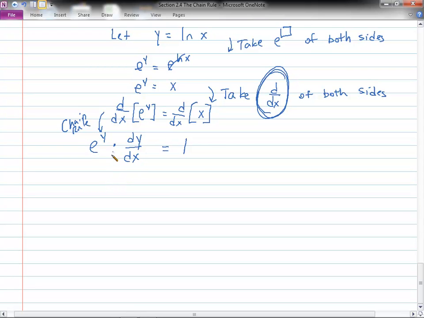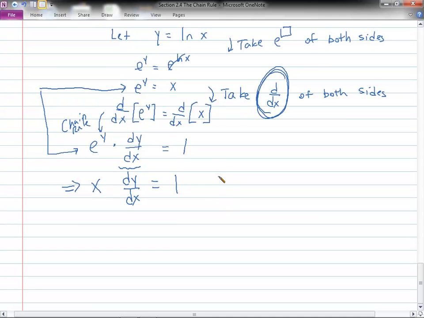In fact, this right here is what we're looking for. We're trying to solve the equation for this. Now, here's the key. Look right here. What is e to the y the same thing as? It's x, right? So this means that actually what I have written here is x times dy dx is equal to 1.